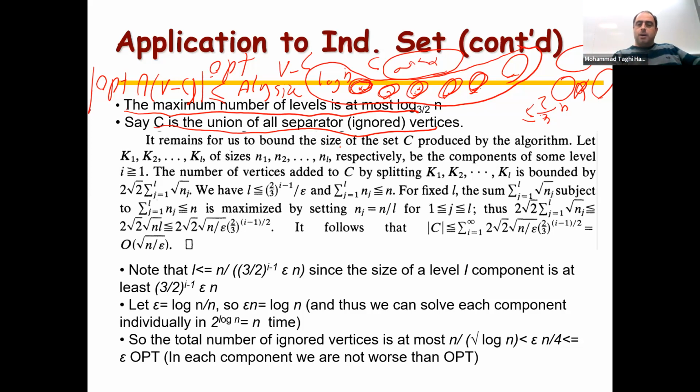So now, to bound the size of C. Let K1, K2, up to KL be the size of the components at some level i greater than or equal to 1.